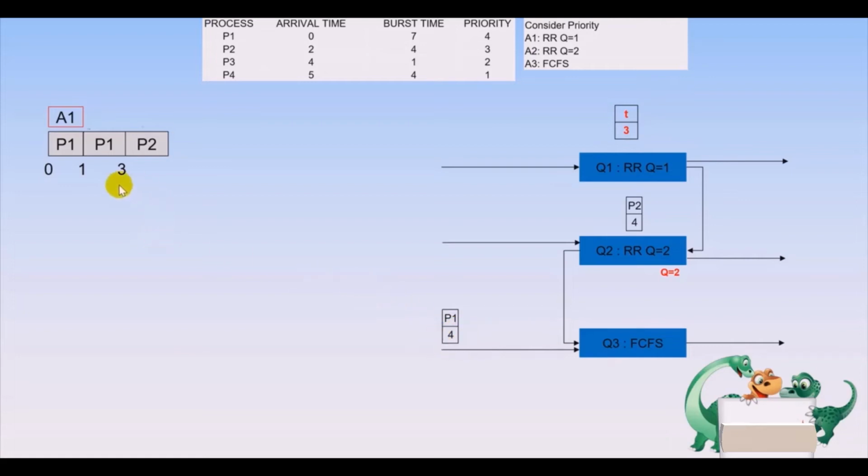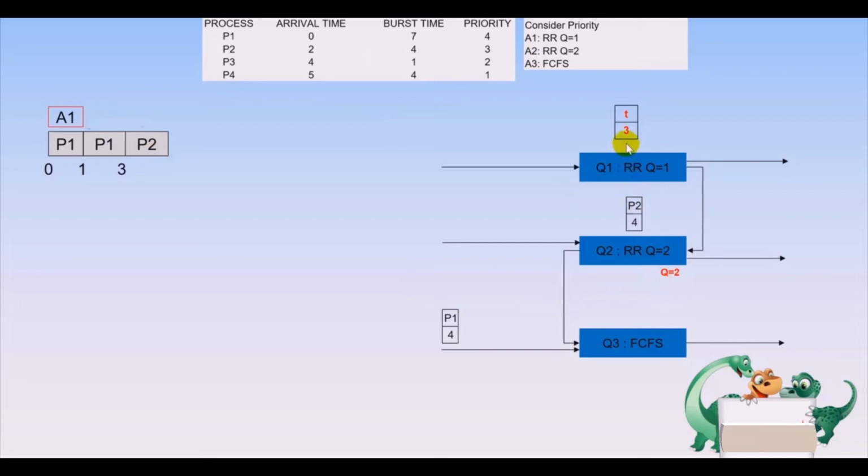Next, take note that during the execution of P1, P2 was already on the ready queue. So P2 has made it on the Q2. P2, which is the third priority, will be executed for a 2 millisecond quantum.